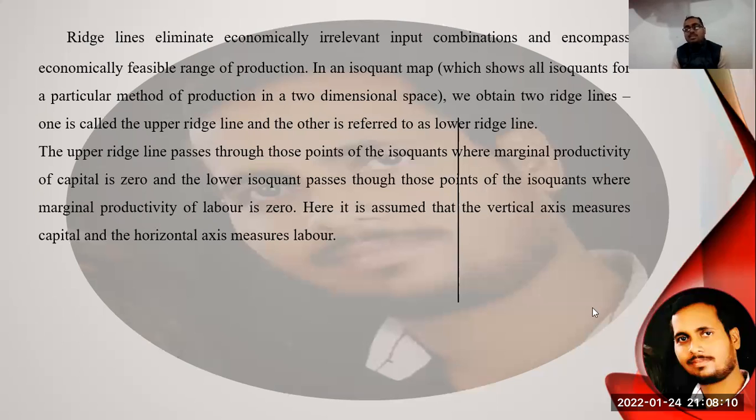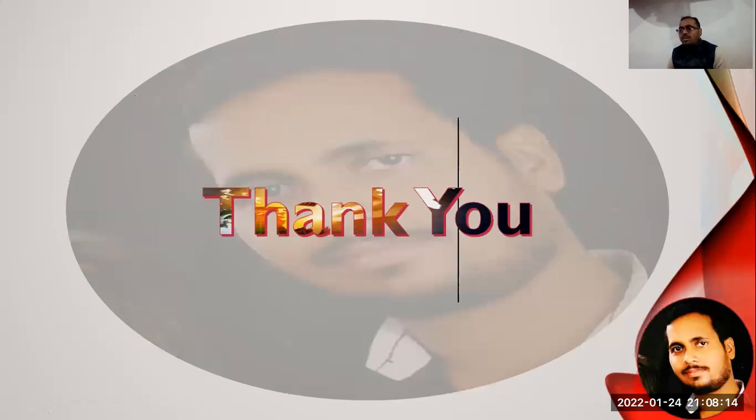I think you understand the ridge lines better now. Ridge line is a small concept, a small point for discussion, because by the ridge lines we only get the economic boundary of the IP curve.